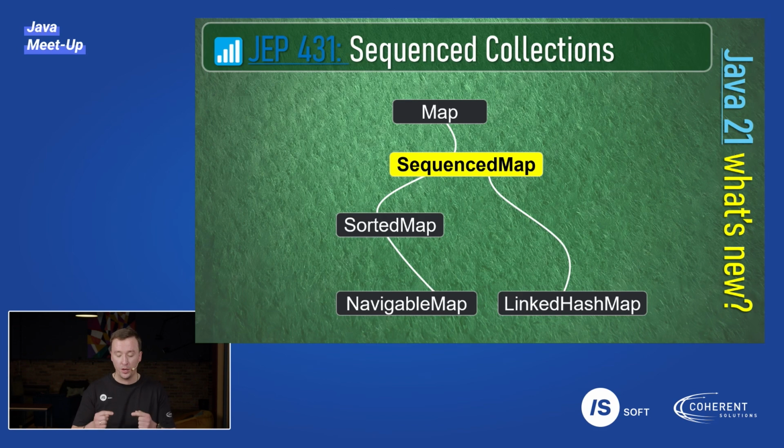Sequenced map is now in the middle, and all the others, sorted map, navigable map, linked hash map, now extend sequenced map as well.